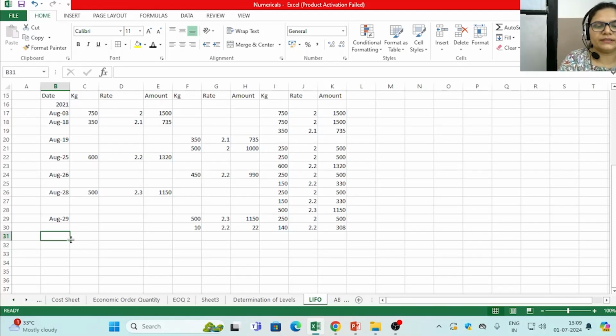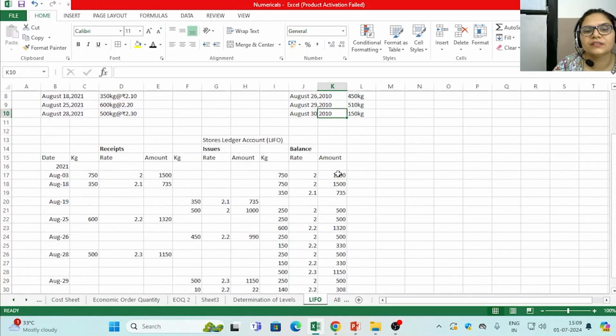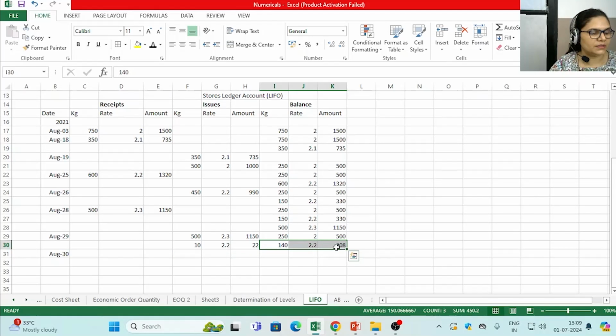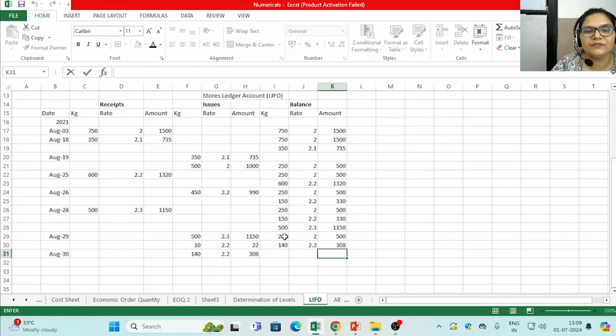Next is August 30. There are no purchases, but there are issues of 150 kg. So 150 kg, we will issue 140 kg from the latest purchases, and remaining 10 kg we will issue from the second last purchases.